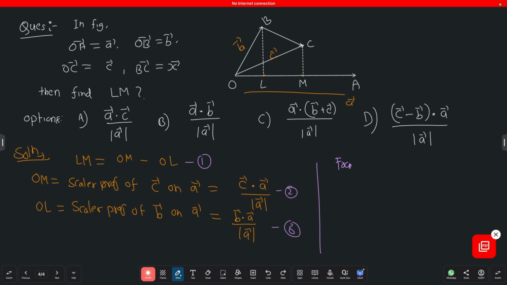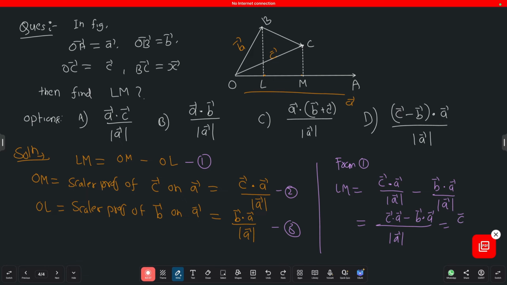Then from 1, LM means OM, and OM means C dot A divided by mod A minus B dot A upon mod A. The denominator is the same, mod A, and the numerator is C dot A minus B dot A. Now dot A is common, because the dot product is commutative, so we can take dot A common.